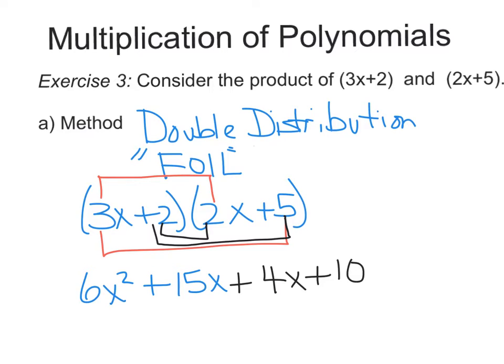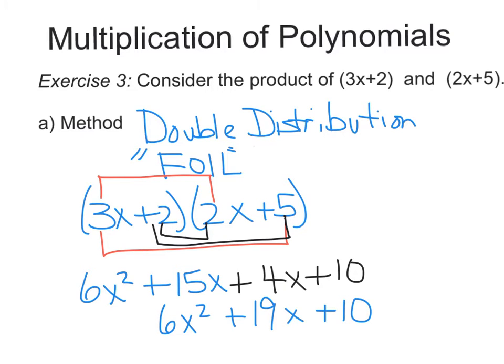When I combine like terms, usually the middle two terms will be like terms, my final product would be 6x squared plus 19x plus 10. You'll notice that we very often get a trinomial when we multiply two binomials together. This is using the method of double distribution.